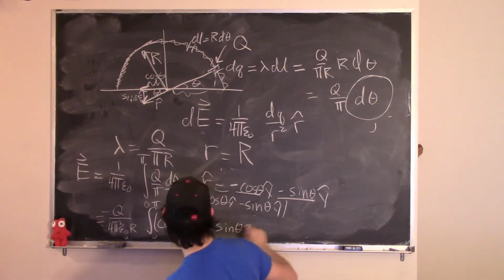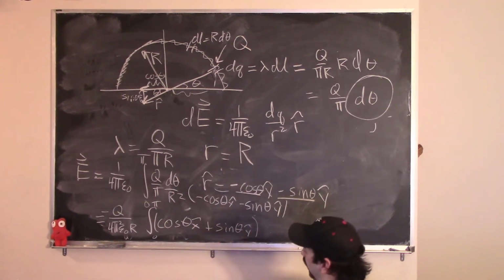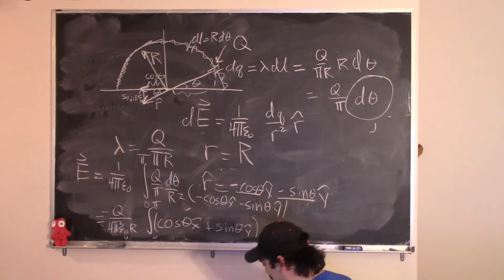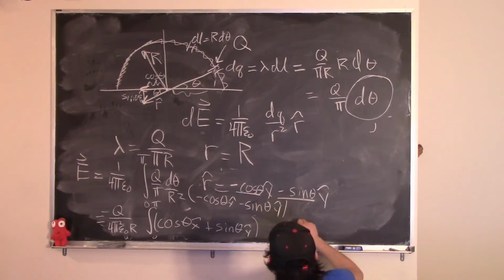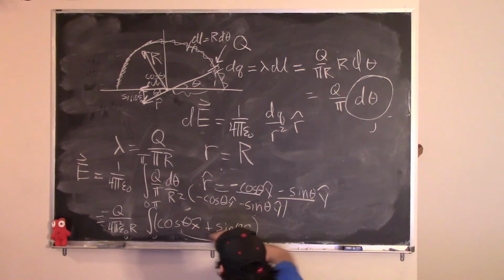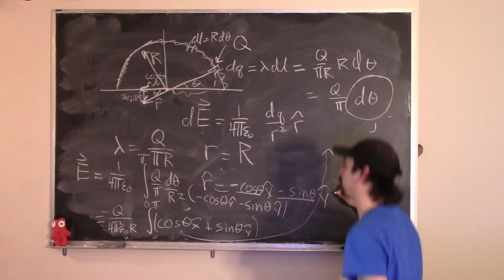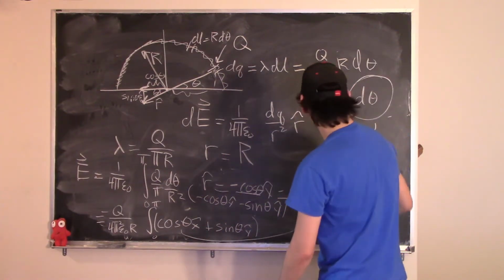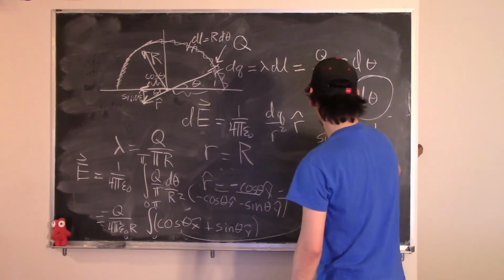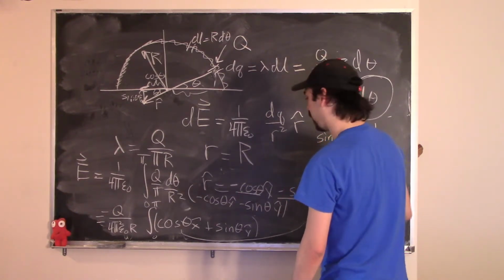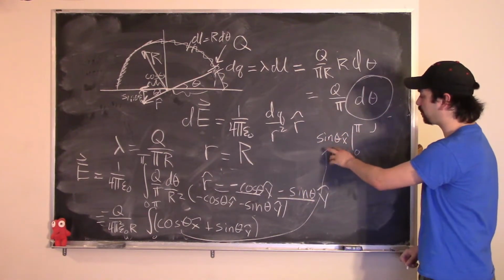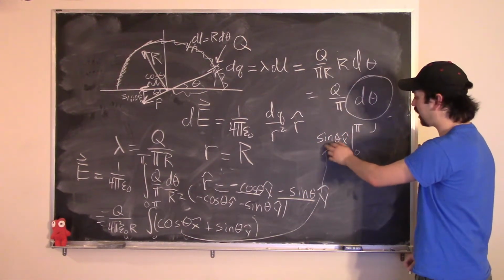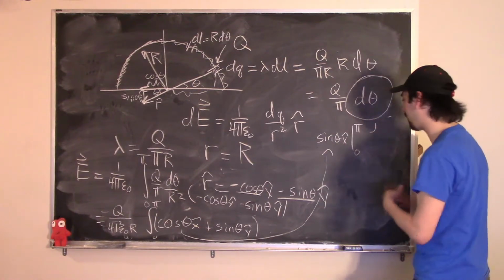And so what we're going to see is that the integral of cosine is going to be sine. I'm just going to look at this portion right now and then worry about the constant in the front later. So this is going to be sine of theta x hat evaluated from 0 to pi. So we see that this term is going to be 0 because sine of 0 is 0 and sine of pi is 0.